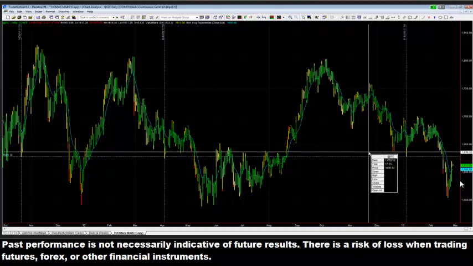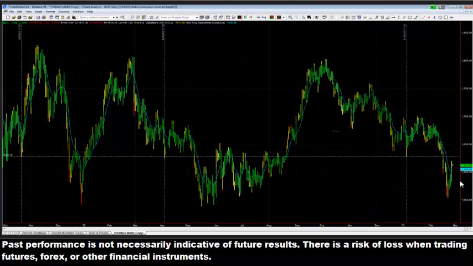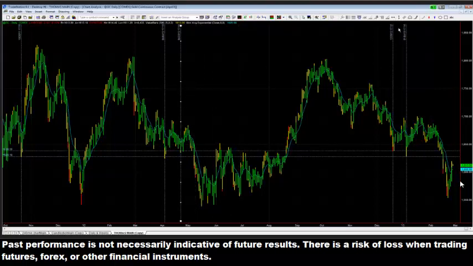Again, you'll also have resistance coming across right here. That's going to be based off of those lows there and these lows over there, as well as these highs coming across.